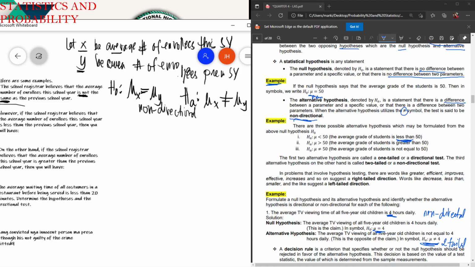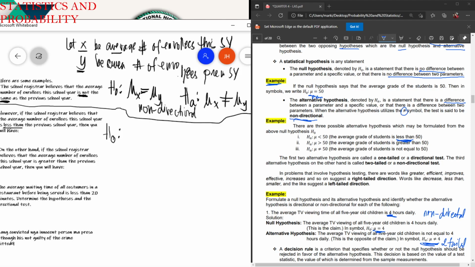Let's have example number 2. However, if the school registrar believes that the average number of enrollees this school year is less than the previous school year, then we will have a different alternative hypothesis. What's the clue? We are talking about here less than.